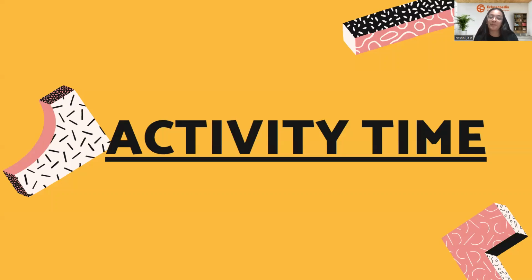Now, before I move ahead, let's begin with an activity. I want you to close your eyes for a few seconds and think of a person in your life with whom you have recently lost touch. This can be a person with whom you have recently lost contact, or a person who has recently passed away in your life. Now close your eyes and remember that person.